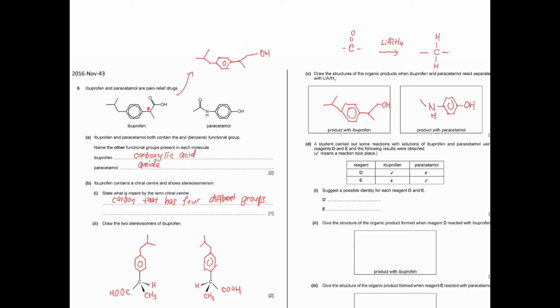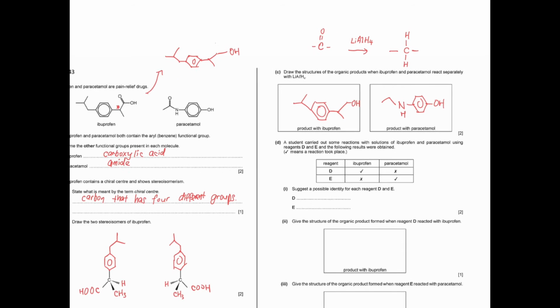So here becomes CH2. The C double bond O becomes CH2. So we just leave it like that, and we settle by doing something like this. Remember, the C double bond O becomes CH2, and that's all.